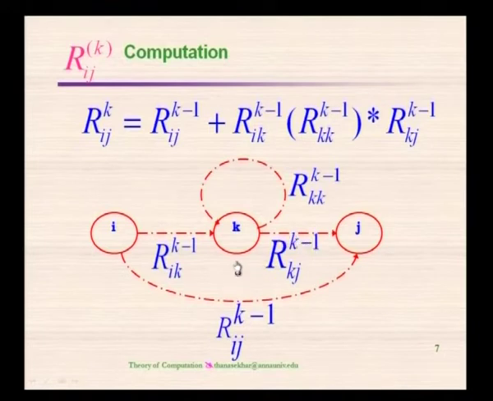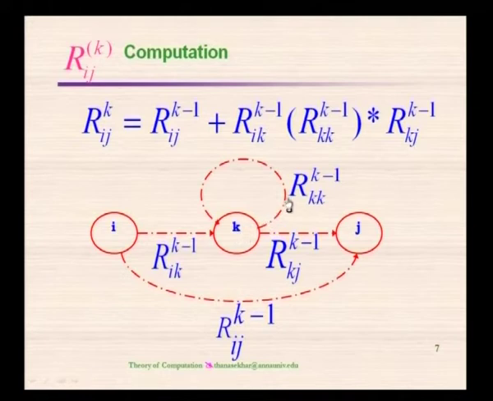Now, we must understand that k is an intermediate state, but once the state is made an intermediate state, we can visit that k any number of times. That is what the next transition here shows. You start from k, you can come back to k by visiting any number of intermediate states, and all these states must be numbered less than or equal to k minus 1, because for the first time we have introduced k and there is no question of having any intermediate state numbered more than k or even k.